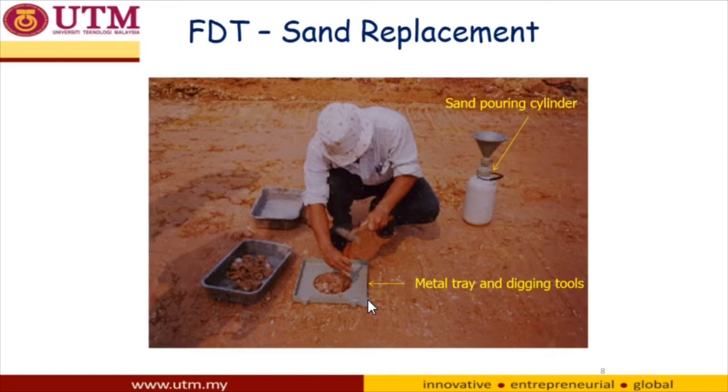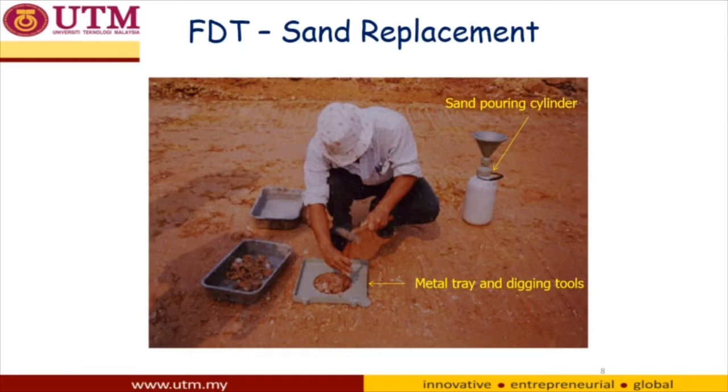The first step involves the calibration of the sand pouring cylinder. The second step refers to the measurement of the soil volume and soil density. And finally, the measurement of moisture content and dry density of soil.